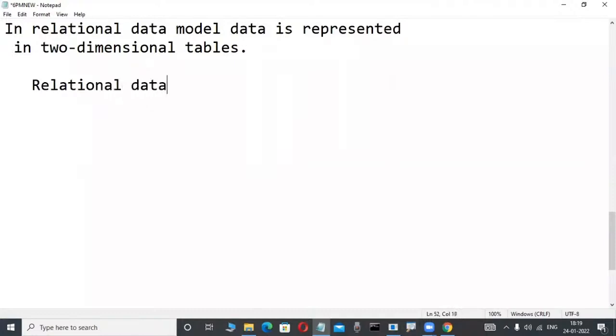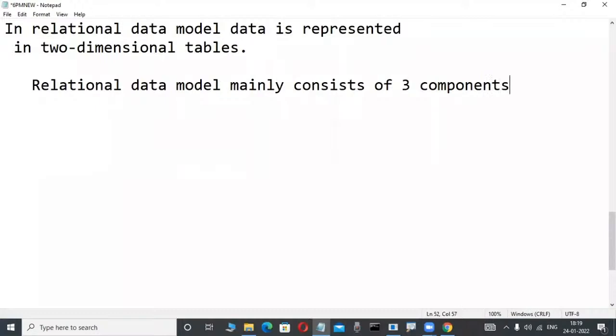Any relational data model product mainly consists of three components. What are those components? You must be familiar with these names before we start our courses. Now concentrate here.